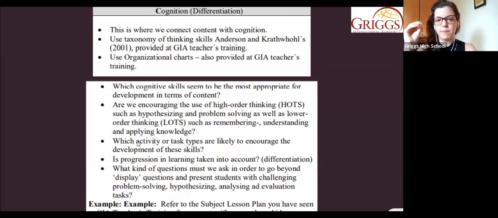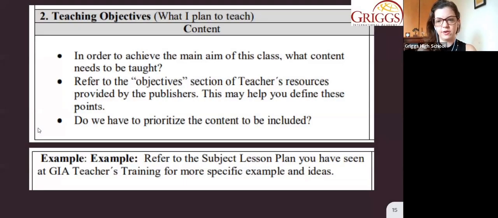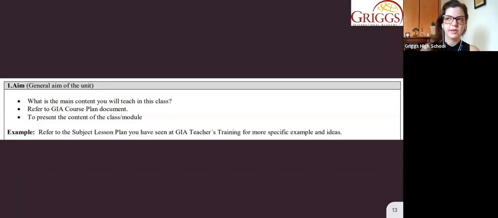So what I put in the aim, I'm going to repeat here because I'm teaching the same thing, just with a different emphasis. In the aim is, in general, in this class, I'm going to teach this.